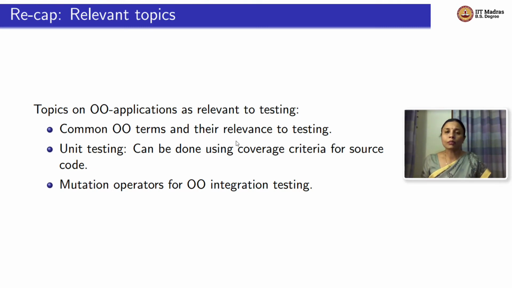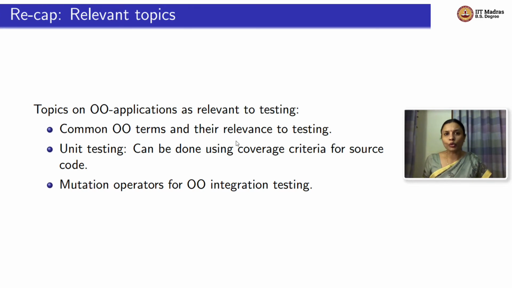So testing can be done by normal testing, using any of the criteria that you've learned till now in the course. Use control flow graphs or data flow graphs, or logical predicates if you have a rich collection of predicates within your method, or symbolic execution, or even mutation testing if you suspect a lot of low-level errors. So unit level testing can be done. So we're not going to see any exclusive methods to do unit level testing specific to object-oriented applications.